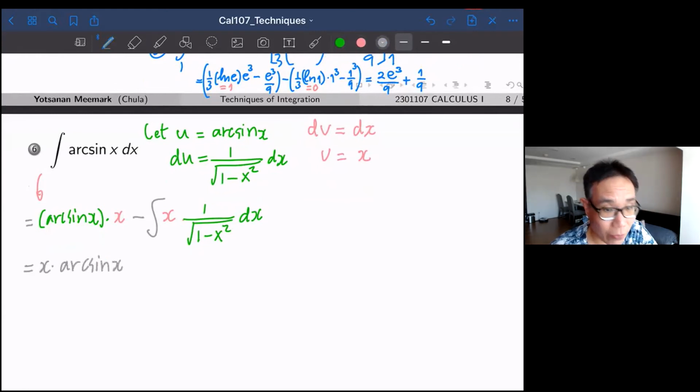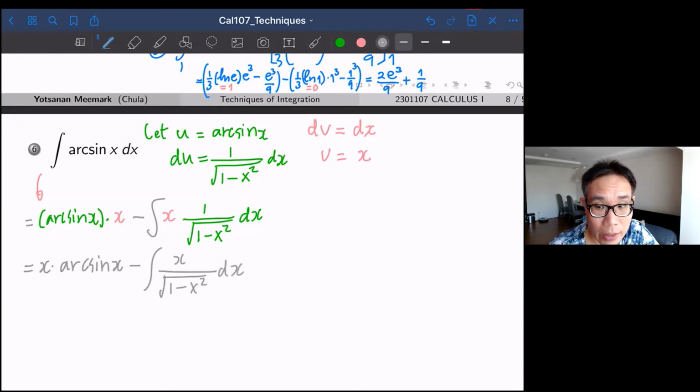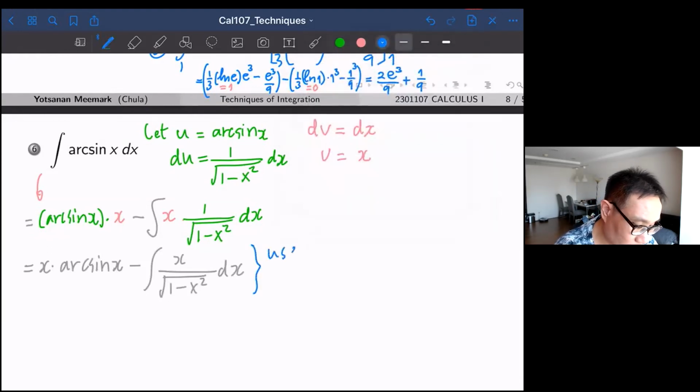So you get x times arcsin x, and you're going to have to integrate x over the square root of 1 minus x squared dx. For this one, you're going to have to use substitution.